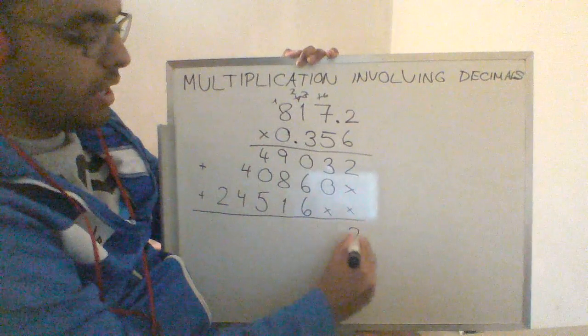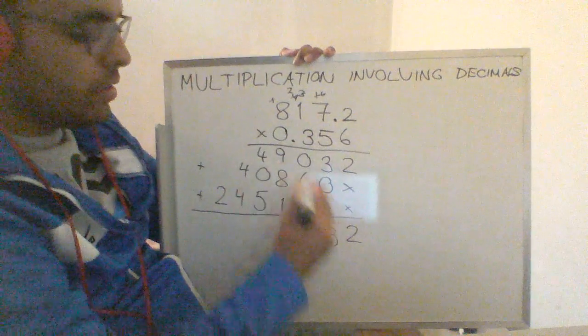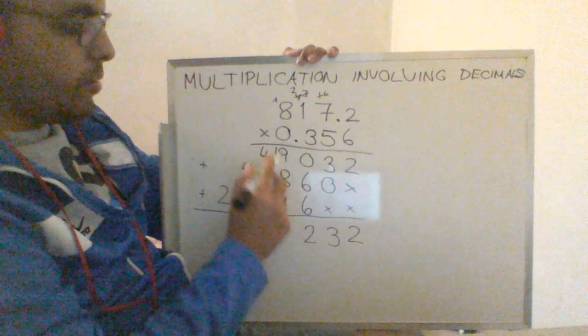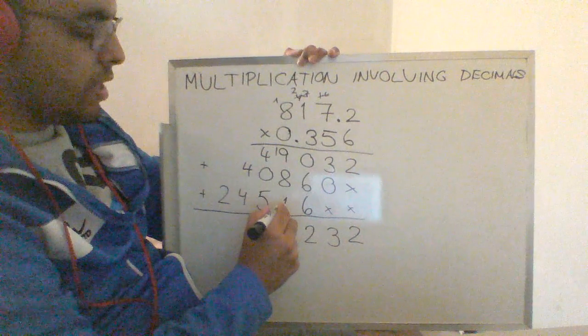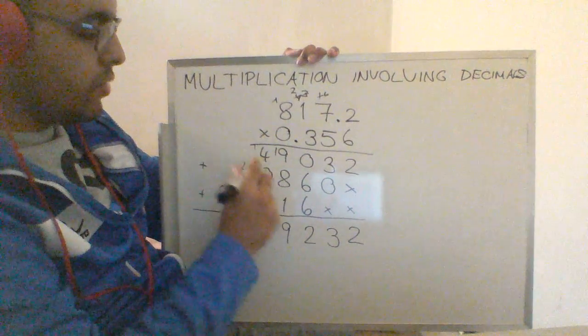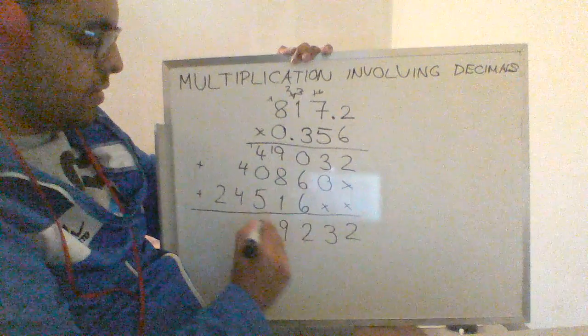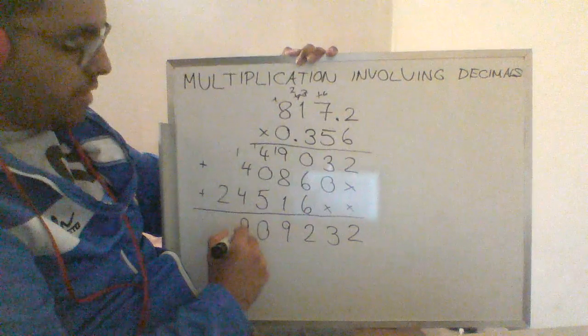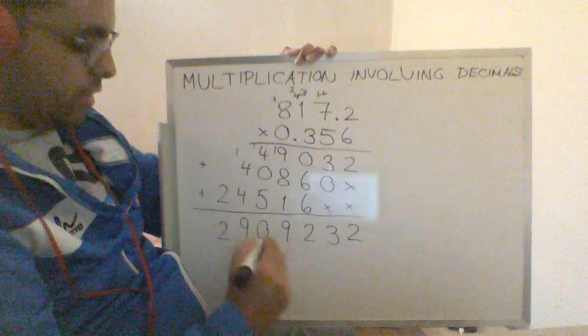We get 2 at the end, we get a 3 here, 6 plus 6 is 12, put a 1 up there, 9 plus 1 is 10, plus 8 plus 1, that's going to be 19, carry the 1, 5 plus 4 plus 1 is 10, 4 plus 4 plus 1 is 9, and the 2 sits by itself.